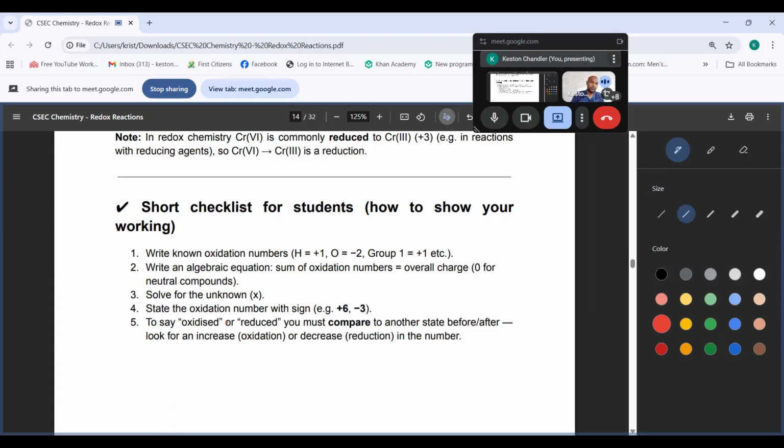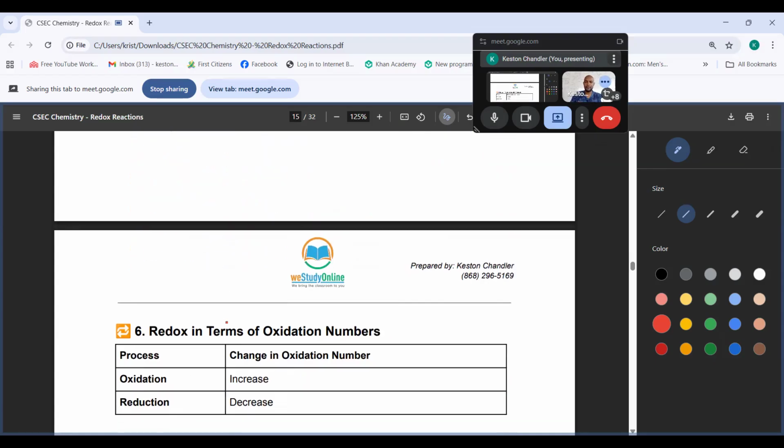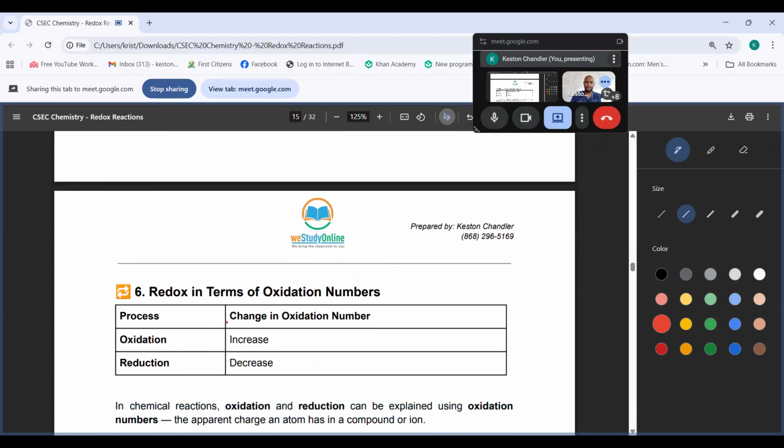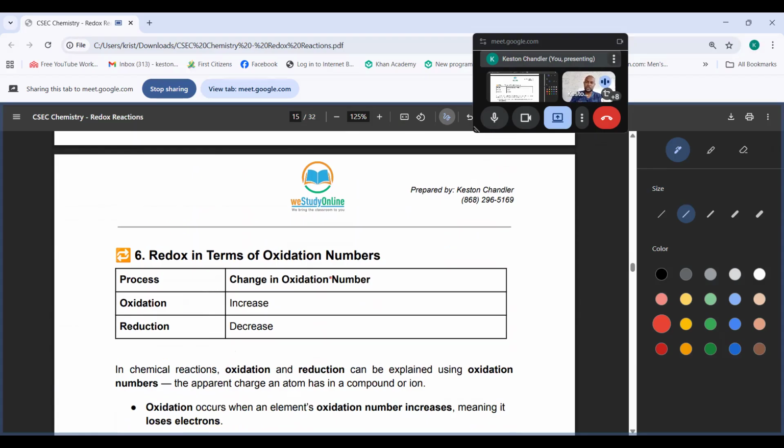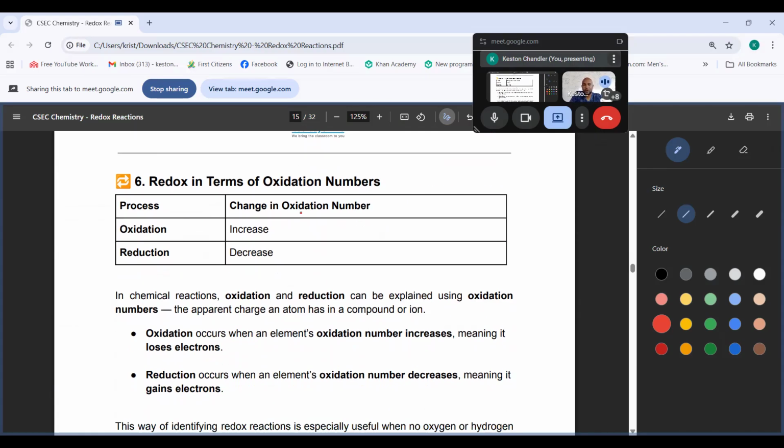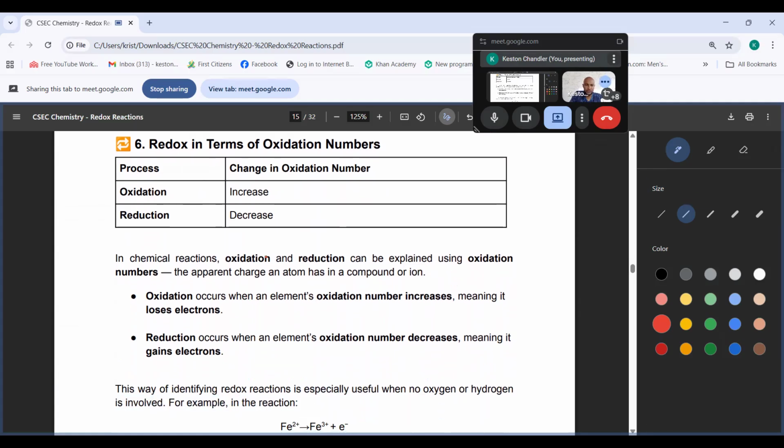That means I'm gaining electrons. Understand how to think about it? So I was reduced. Everybody okay with that? So in terms of oxidation numbers, anytime our oxidation number increases, that means oxidation happened. Anytime our oxidation number decreases, that means reduction occurred. Is everybody all right with that?